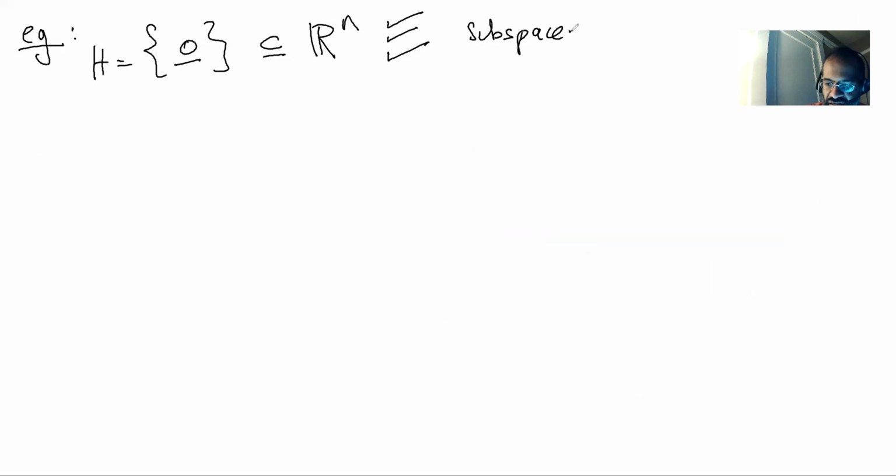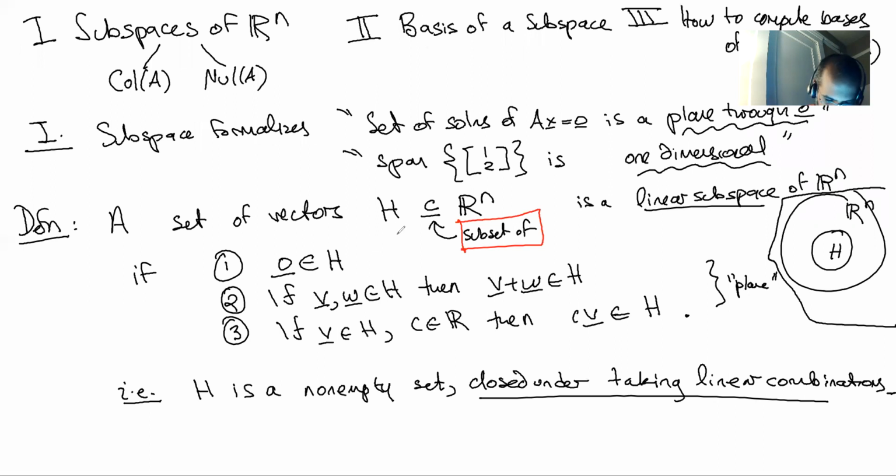What about H equals R2, a subset of R2? Is this a subspace? When you encounter a new concept, when in doubt, look at the definition. Is R2 a subset of R2? Yes. Is 0 contained in R2?